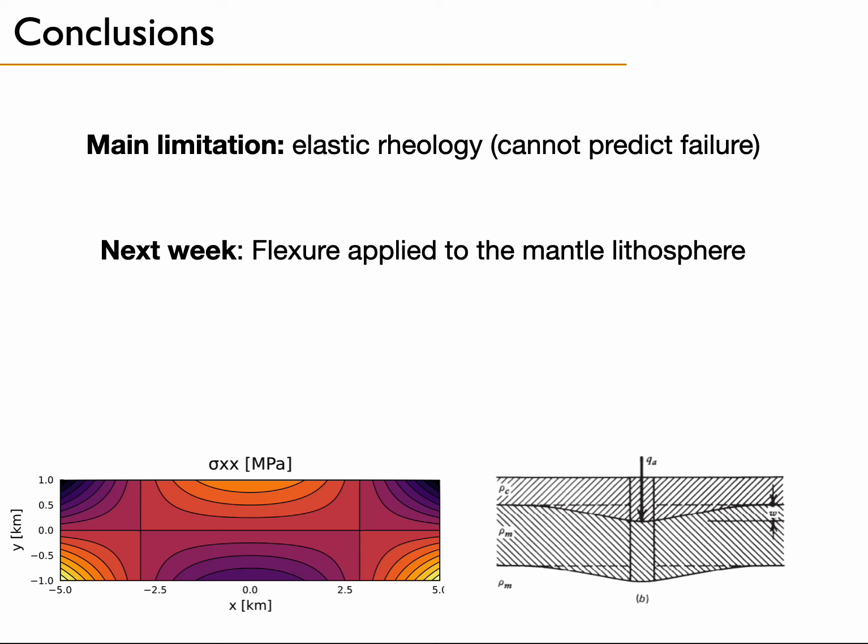The main limitation here is that everything is based on elastic rheology. So the model is very useful up to a certain point where it cannot predict the failure, or it cannot also predict the creep of the material. But at the first order, you will predict deformations and deflections from the elastic model. So that's already a lot of things.